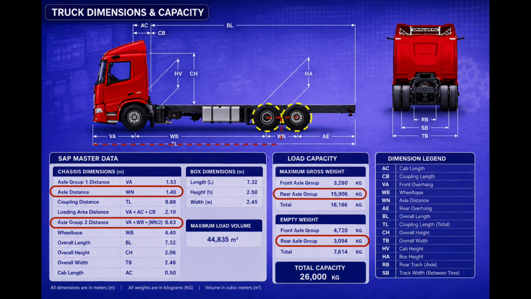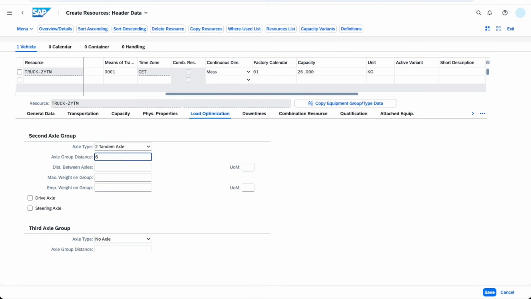The axle group distance is the distance between the two axles in the tandem group, represented by the dimension WN in the technical drawing. Finally, enter the calculated maximum gross weight for the second axle group.